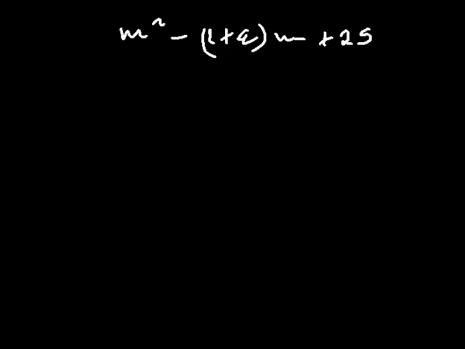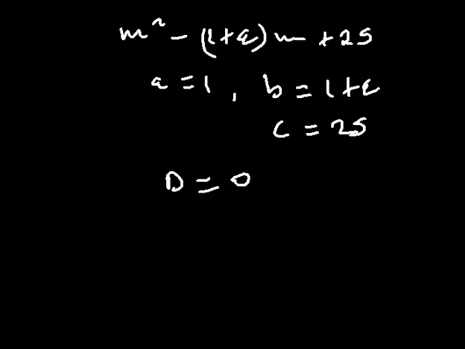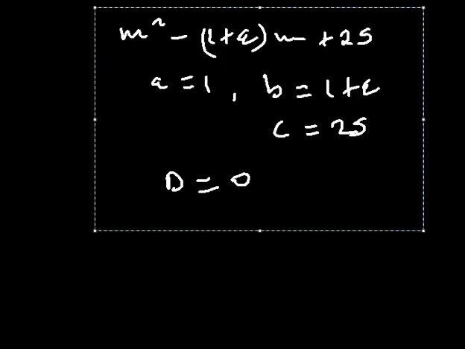It also uses the same principle. As it stands here, what is a? We have it as 1. What is b? We have it as 1 plus q. And what is c? We have it as 25. Then since it is a perfect square, the discriminant is equal to 0. Try to substitute that one and solve for the value of q. So take note of that.